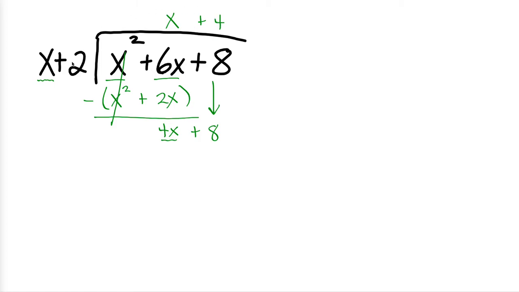And then I'm going to take 4 times x, 4 times 2. And in this case, I'm going to have 0 remainder because it would fit perfectly. So 8 minus 8, 4x minus 4x.